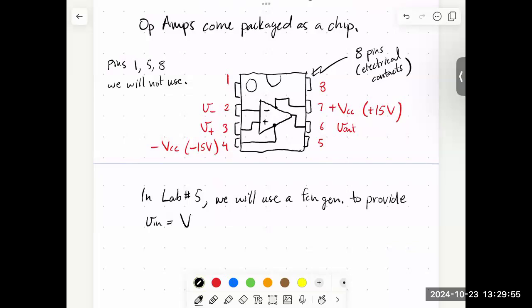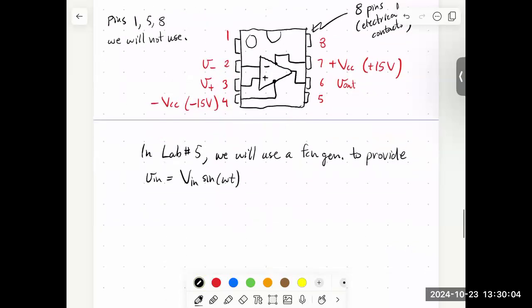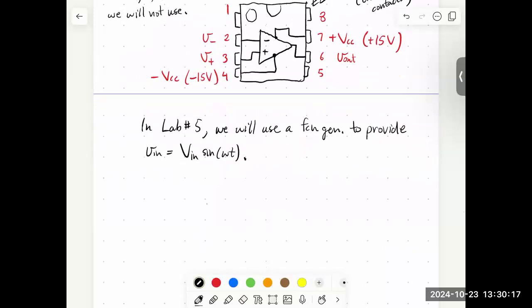So Vin is going to be some amplitude times sine omega t. Okay. So what we'll do is we'll measure the amplitude of, well, okay, let's summarize what we'll measure all at once.